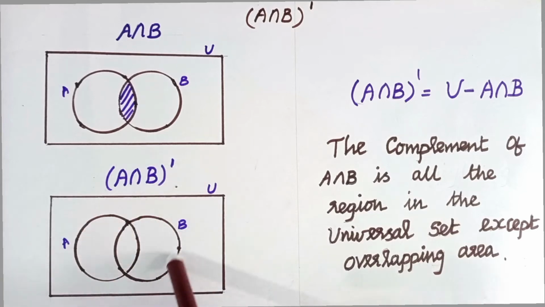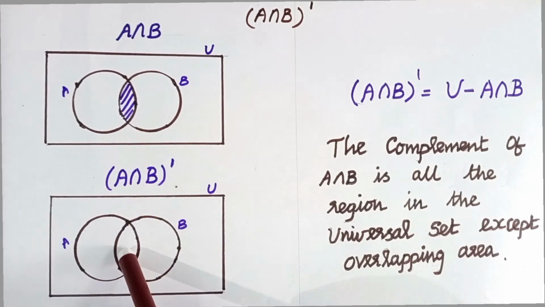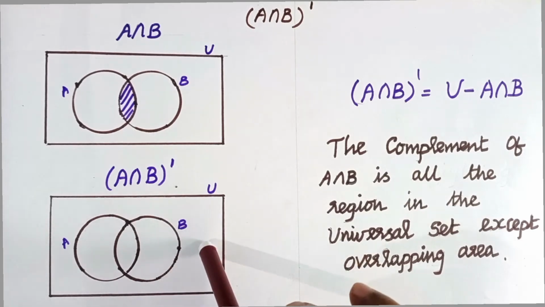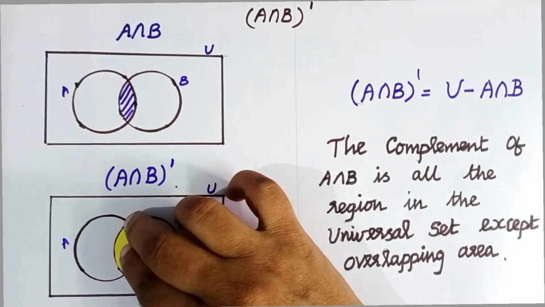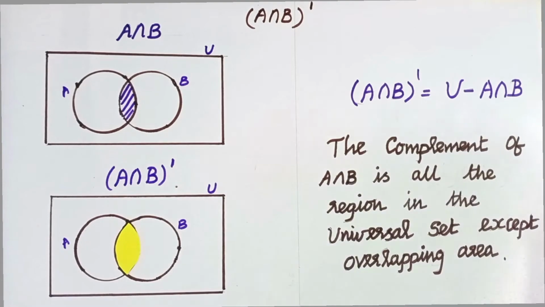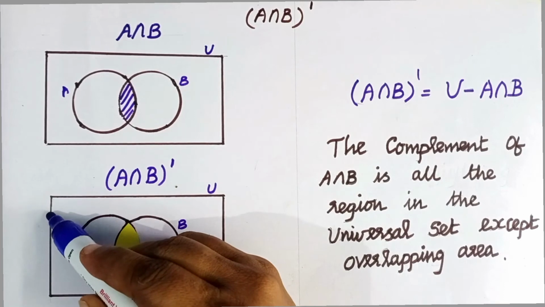The complement of A intersection B means you have to leave this overlapping area and shade the remaining portion, including the universal set also. So now let us shade this A intersection B whole dash. Remove this A intersection B part and shade all the region, including the universal set also.